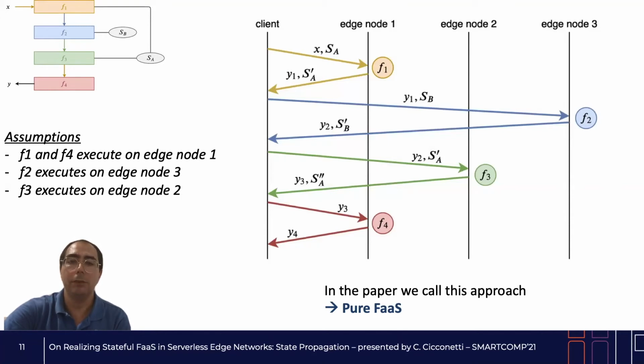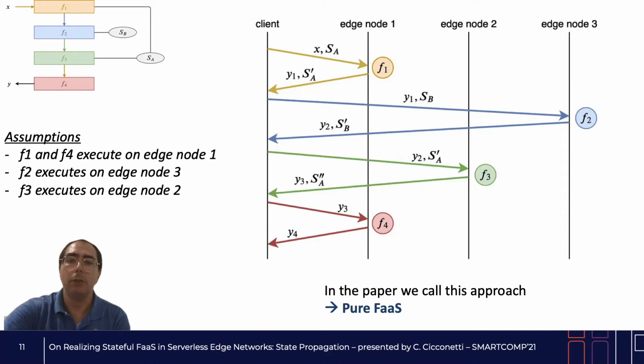Then what we need to do is that the client invokes with the input X, F1 on edge node 1, also passing a state A, and it gets back the output Y1 in addition to A prime, so the updated state of SA. And then it continues towards edge node 3, then 2, then 1, each time invoking a different function and passing the piece of state that will be needed by the given function.